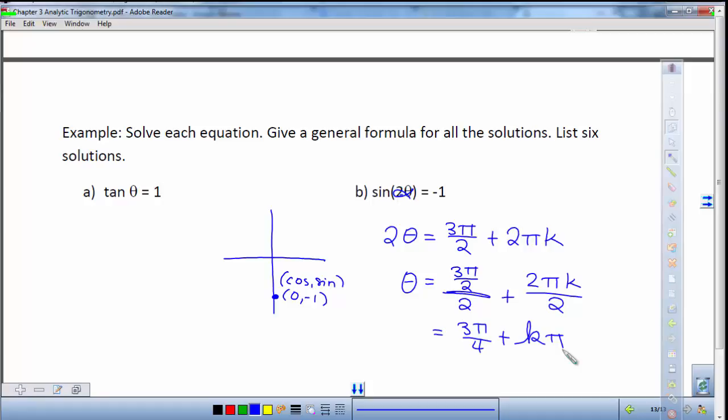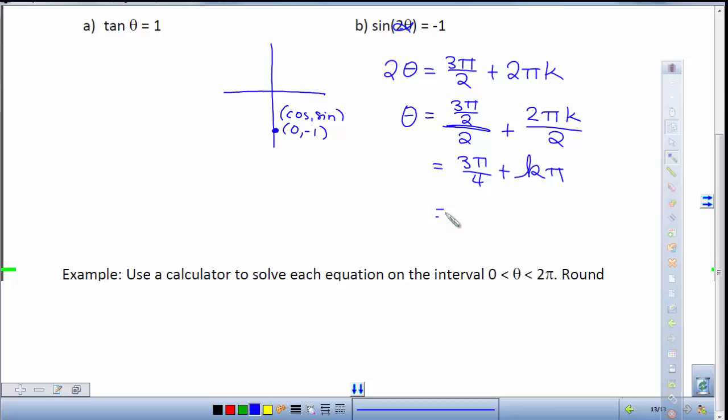All right, so how do we get solutions? Okay, well, if k is equal to 0, we get 3 pi over 4. If it's equal to 1, 7 pi over 4, that's what we're thinking, 4 pi over 4, right?